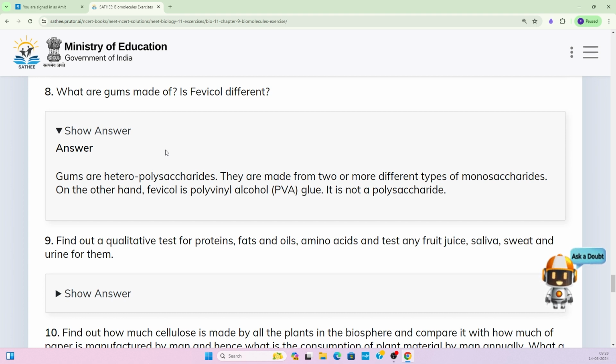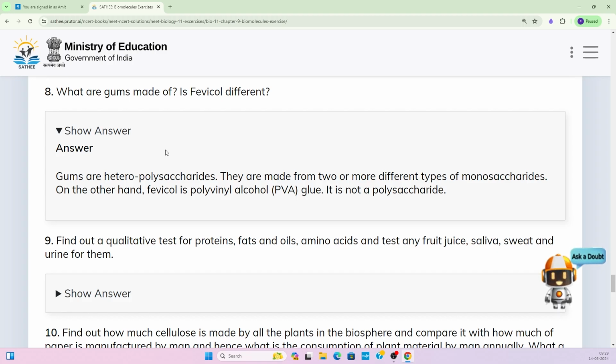The monomers are different. That is why it is called hetero. If it is the same type of monomer, then it could be called a homopolysaccharide. But here the monomers are different, so they are made up of two or more different types of monosaccharide. Now you can understand why it got its name heteropolysaccharide.